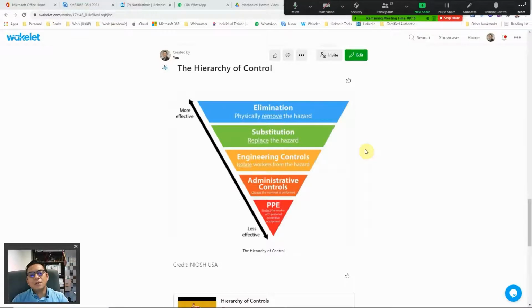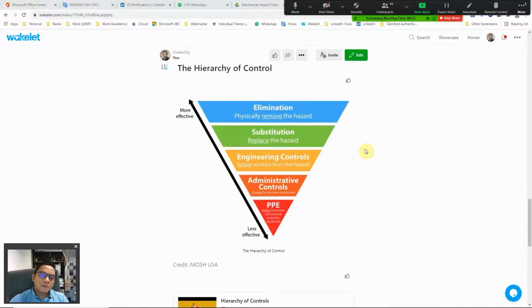And try as much as possible to have engineering controls. Do not rely too much on administrative control and PPE, because administrative control and PPE depend on human.